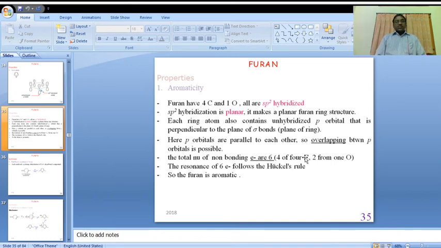So furan is similar to pyrrole, but instead of the heteroatom nitrogen, here we have an oxygen atom. So this furan is aromatic. This is a very stable compound.